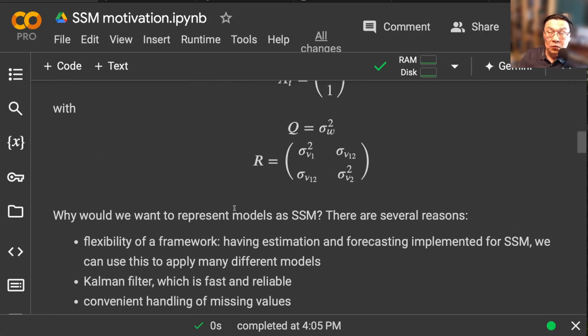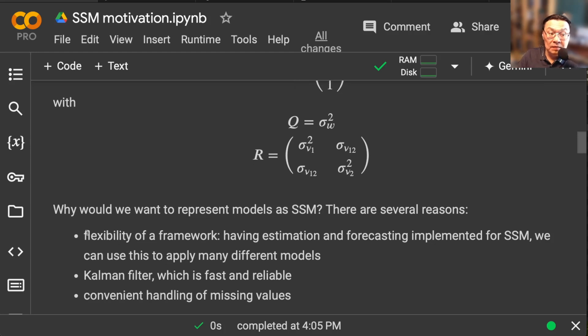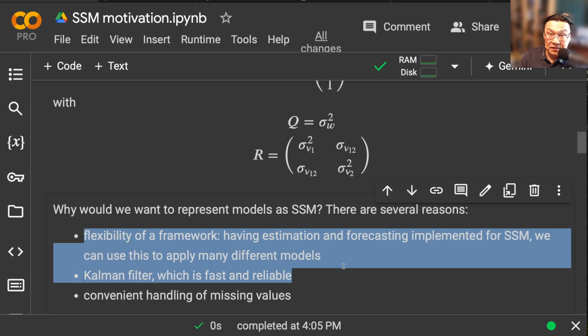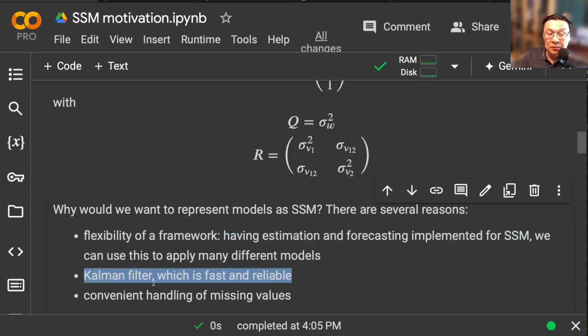We will ask ourselves why we actually want to implement other models as SSM, and we will learn that, as I said, the main thing is flexibility. We can do it, and then we will learn something called the Kalman filter. It's a very fast and reliable way to estimate and forecast these models. And the second thing, we will see that state space models allow for very convenient handling of missing values.